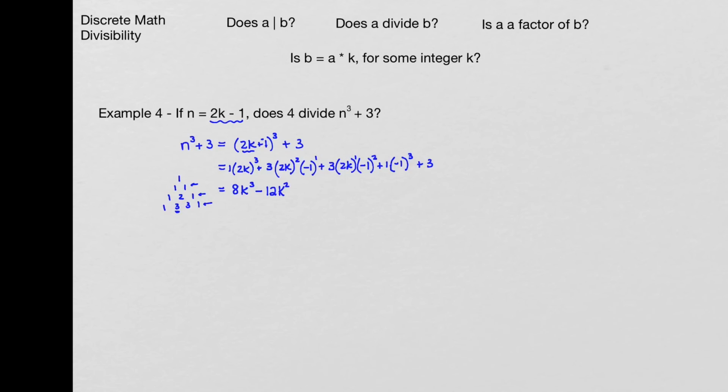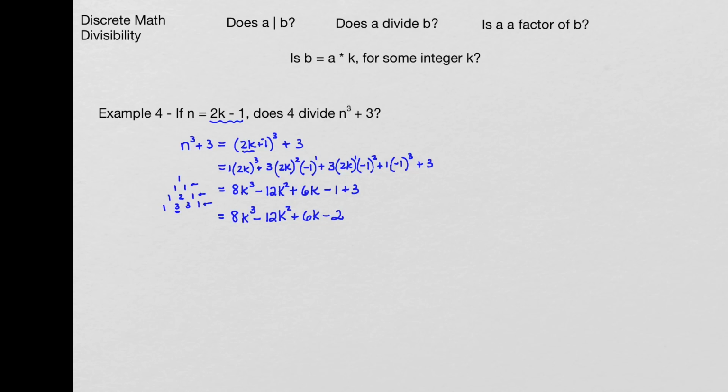Then we have the negative 1 squared here, so that's just going to be 1. Then it's 2k times a 3, so this is a plus 6k. And then we have negative 1 cubed, which is negative 1. And then I have my plus 3 on the end. So I'll combine that negative 1 and the plus 3, and that gives me a plus 2 here.